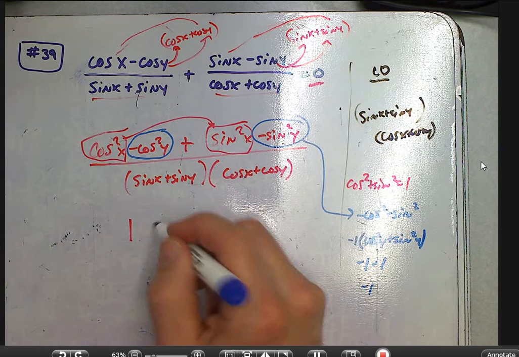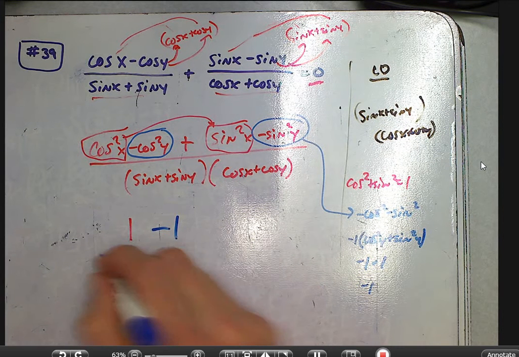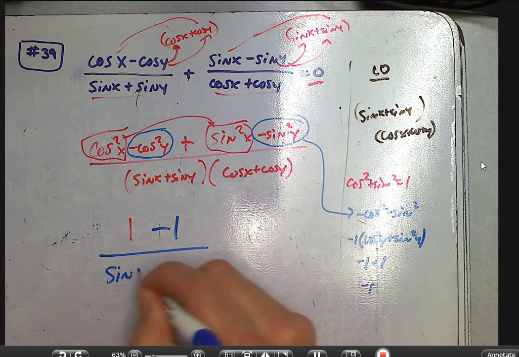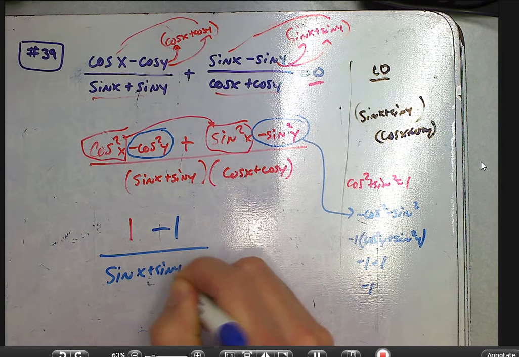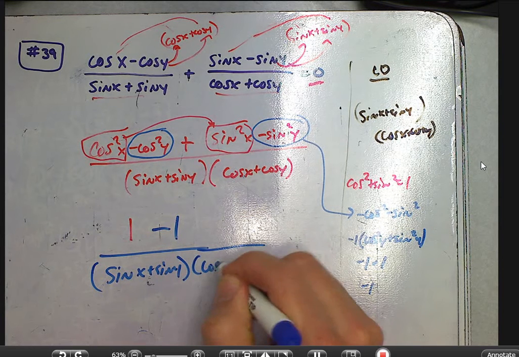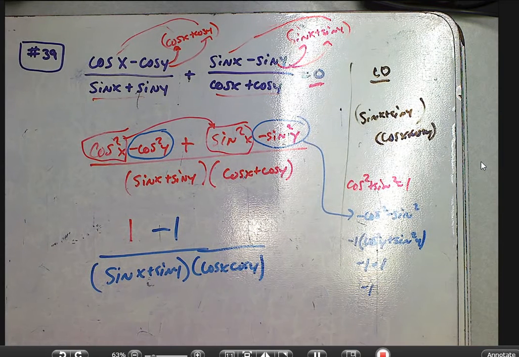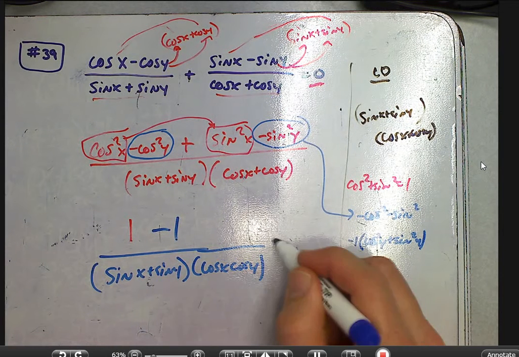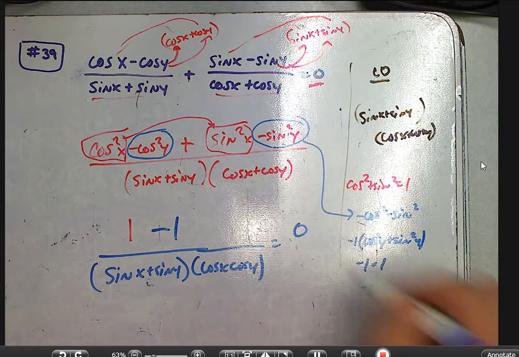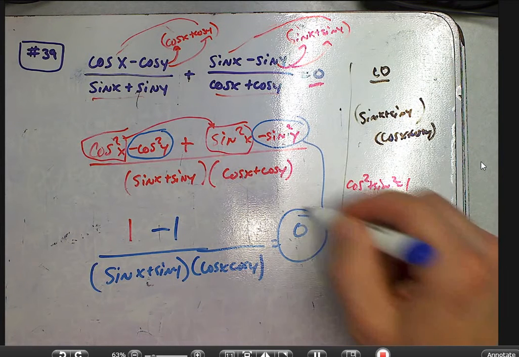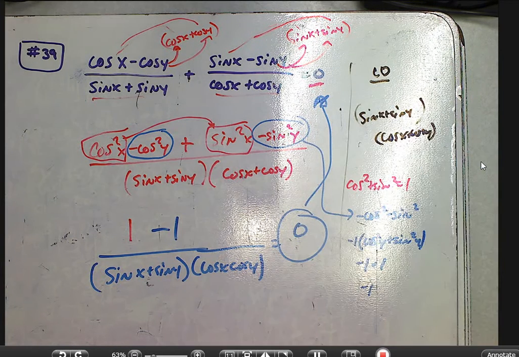So I have 1 minus 1 over sine x plus sine y times cosine x plus cosine y, like that. 1 minus 1 is 0, and some zeros on the top. Final answer is 0, which verifies the trig identity being equal to 0. Kind of a tough problem, but if you work through it, it should make sense.